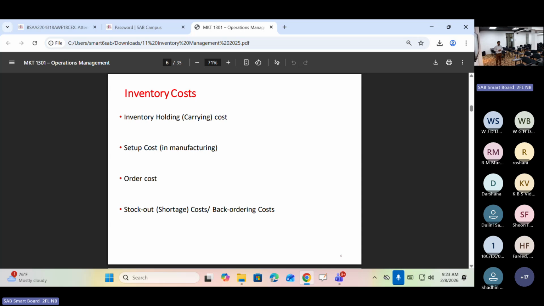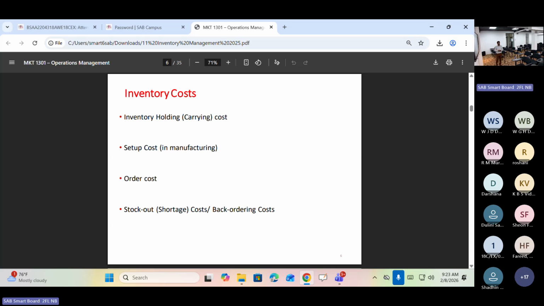What we mean by backordering cost here: in a similar situation, if you are unable to supply to the customers because no stocks are available, you will have to delay the supply. You'll have to backorder the supply. That means you are unable to supply now, but you will supply later.